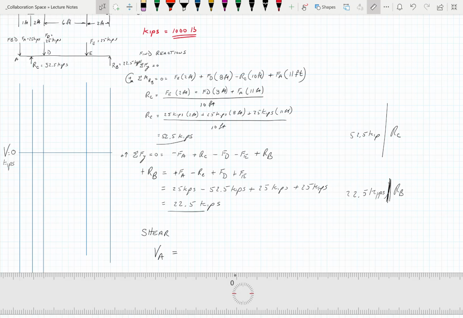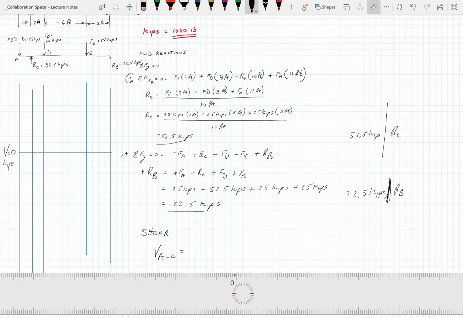And actually, a cool way to do this too, if it helps you understand a little better, V from A to C is going to be what force? So A's out there, we got an FA of 25 kips. So that 25 kips is going to push down from there all the way to just before C, right?